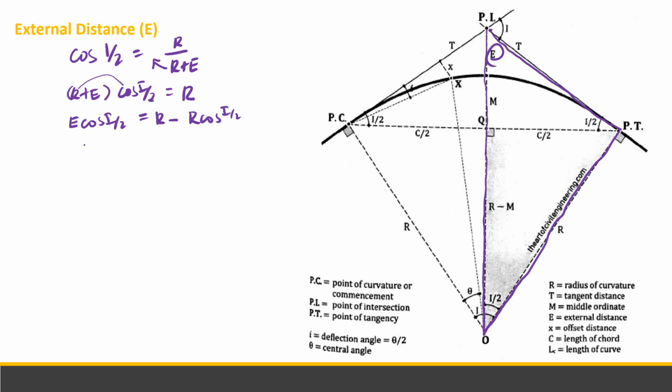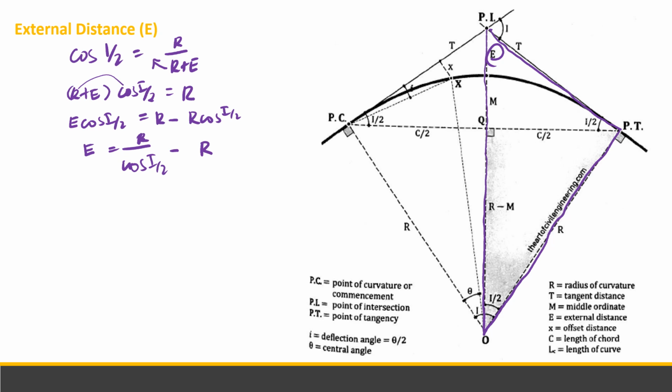So, leaving only E, sa kabila is equals to R over cosine I over 2 minus, so minus R na lang. So matitira, magka-cancel out yung cosine I over 2 dito.